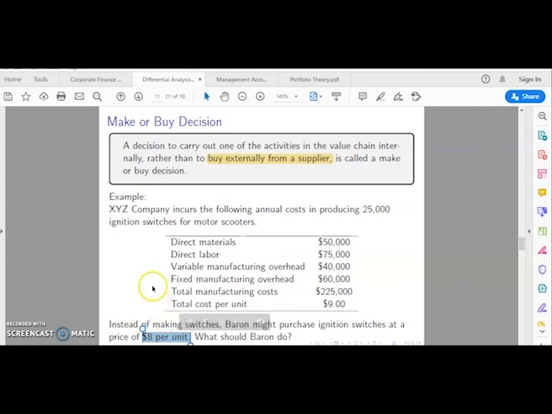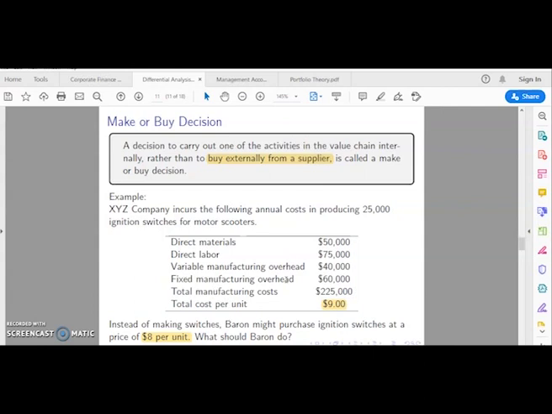What should they do? Now, the first impression that you may get here is that if they buy it for $8 per unit, it will be $1 less than the total cost per unit, which is $9. But this is the first impression that you get based on the raw information.